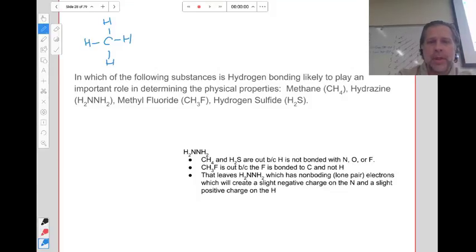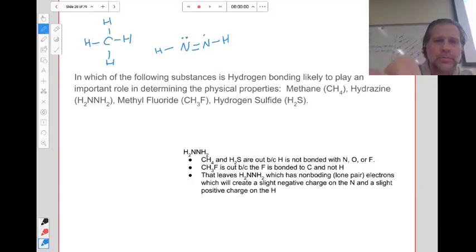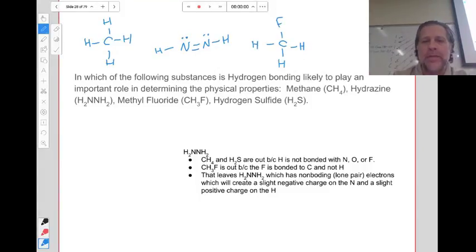Hydrazine would look something like this. And then methyl fluoride would look something like this. And then hydrogen sulfide would look something like this.